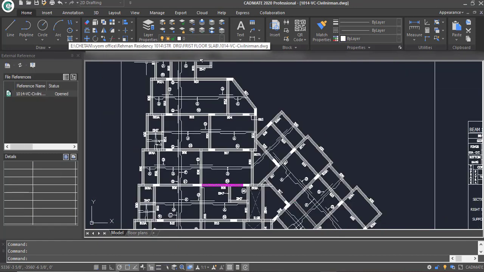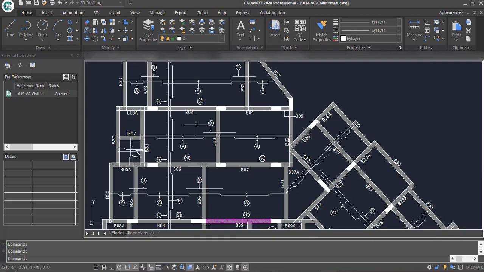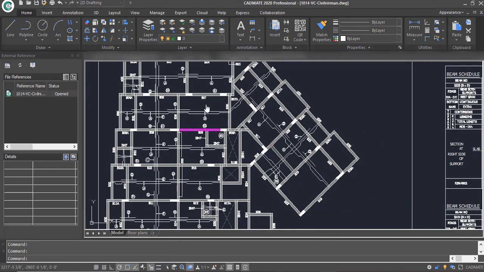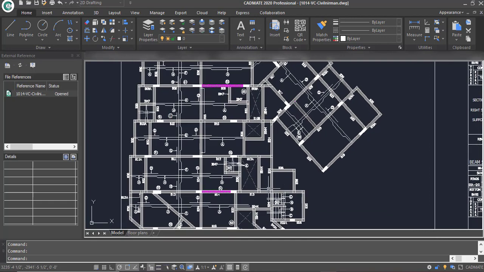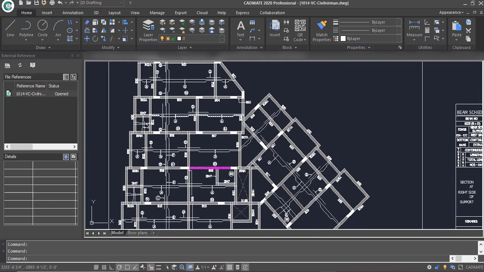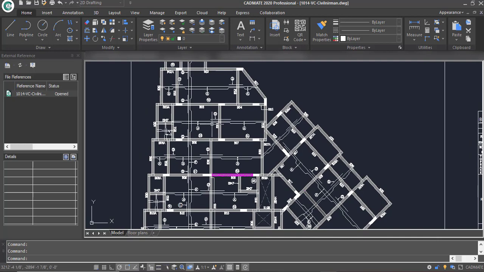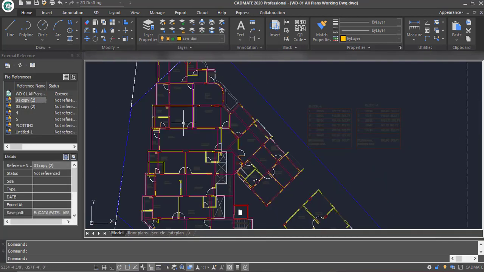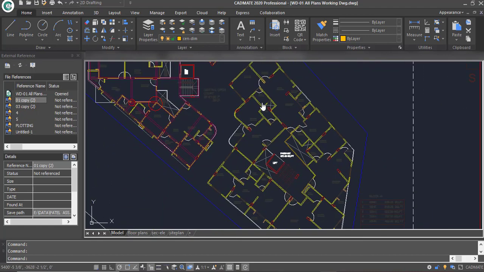Now the structural drawings appear to have a bit more going on in this area, with slab thickness, reinforcement detailing and other additional parameters like sunk slab and other details, right? By all this detailing you can understand the difference between the architectural drawing and the structural drawing.